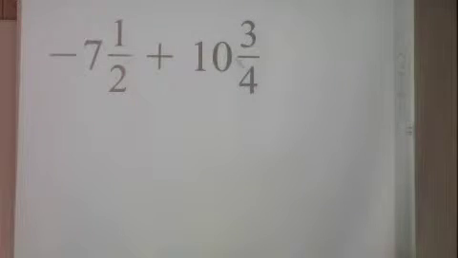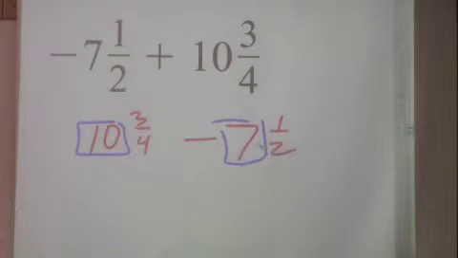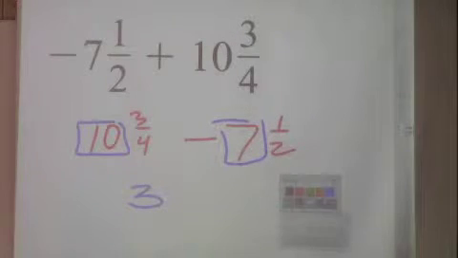Okay, so what he's saying here is, take your bigger number minus your smaller number, right? Forget about the negative 7.5. Just think of it as 10 3/4 minus 7.5. Now what you said is focus on the wholes first. What's 10 minus 7? 3. Now deal with your fractional parts.